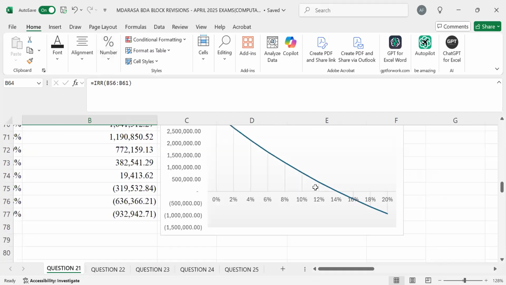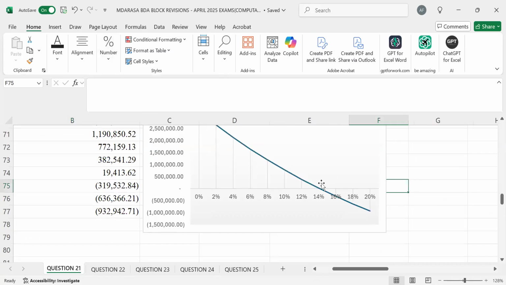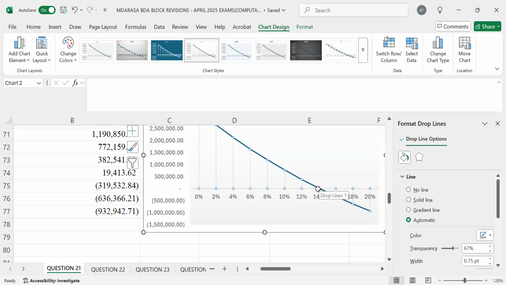But so long as you've indicated it here, you can just come and argue our NPV at 0. It is somewhere at that point, where it is 0. So you can have it at 14%.